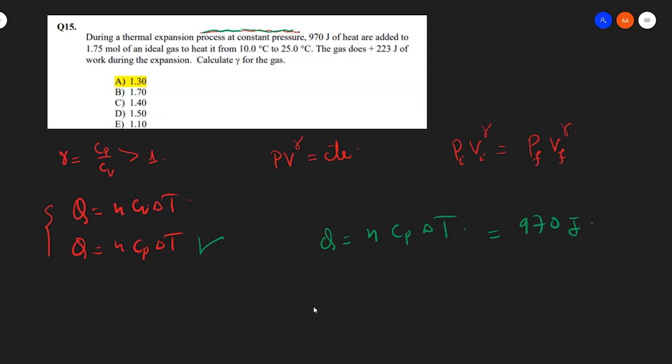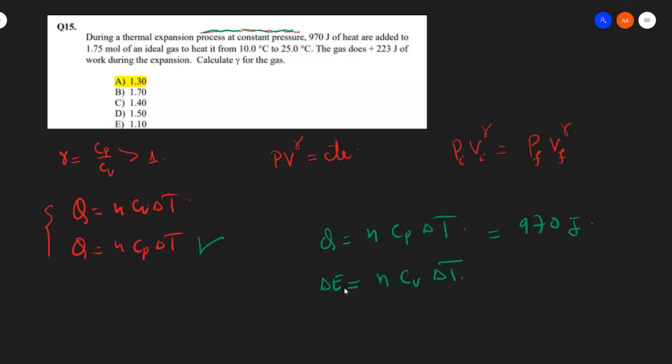Then the change in energy delta E is equal to n CV delta T. As I told you previously, n CV delta T works all the time for delta E, whereas n CV delta T works for Q only at a constant volume.